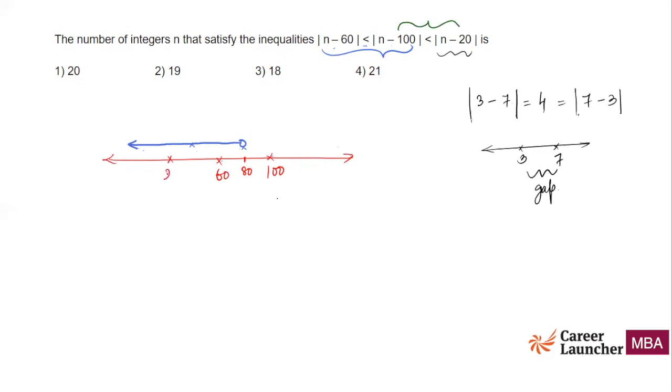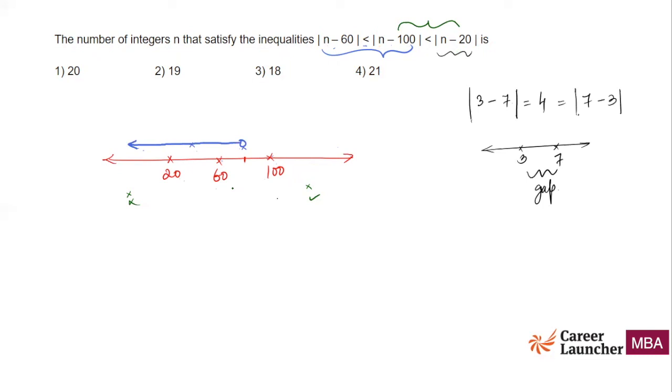Next, let's look at the other pair, 100 and 20. We will have to plot 20 now. Let's ignore these two values, 60 and 80, in order to understand this. Now, n is closer to 100 than to 20. Let's see where n can be. Can n be over here? Yes, because it's closer to 100 than to 20. Can n be over here? No. Can n be somewhere in between? Yes, very much possible. Let's figure out a value between 20 and 100. Coincidentally, it's one of the values given here, which is 60.